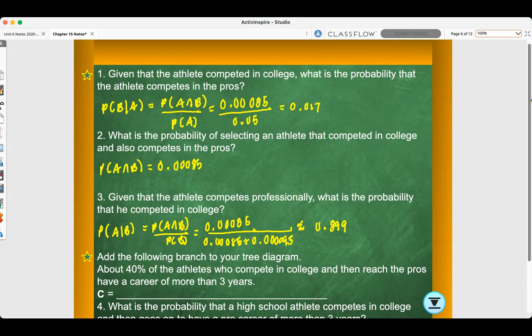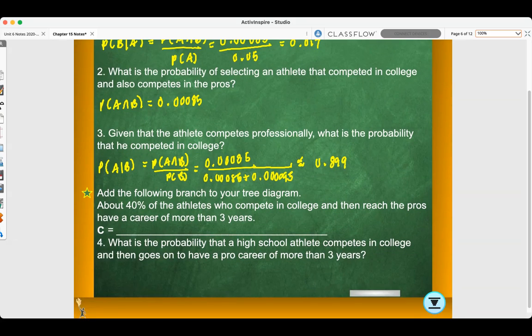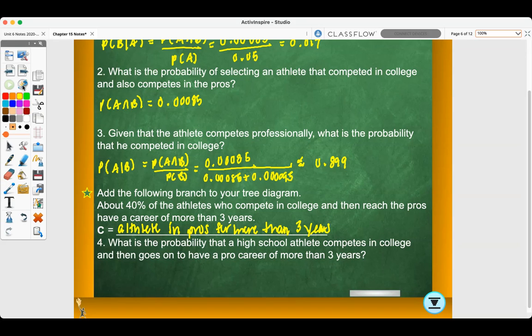Add the following branch to your tree diagram. About 40% of the athletes who competed in college and then reached the pros have a career of more than 3 years. We're going to add C, athlete in the pros for more than 3 years. So we're going to go back to our tree diagram.